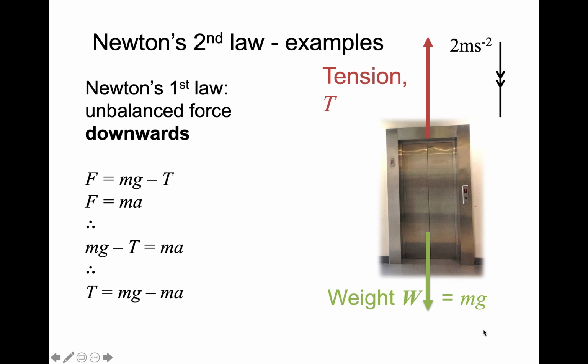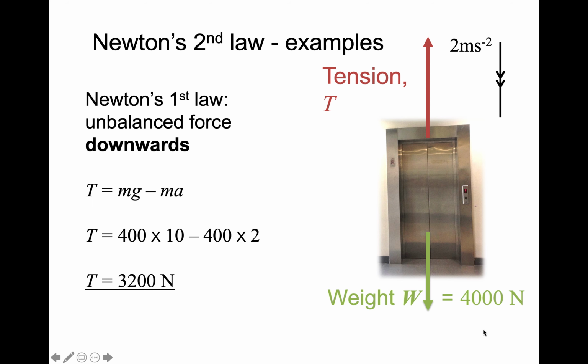So now T equals mg minus ma. And again, we had 400, so we can substitute those numbers in, and we get a tension of 3,200 newtons. Okay, so that's kind of obvious. The tension is never going to be zero unless the lift is in free fall. But now we can calculate the actual force on the cable that we need to account for.